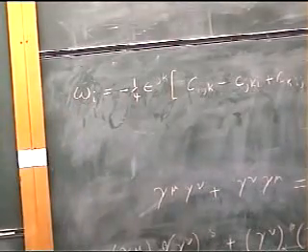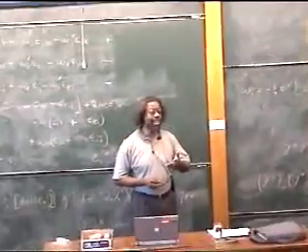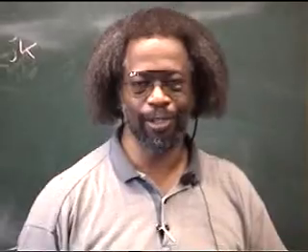So that's the answer. I now have an expression for omega in terms of E and its derivatives, because when you did the C calculation, there were derivatives inside of the definition of C.